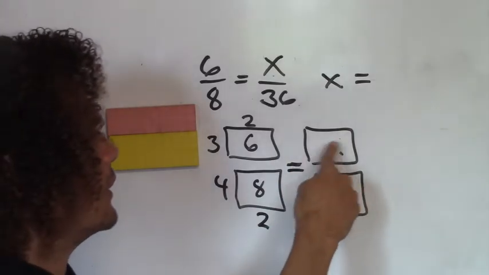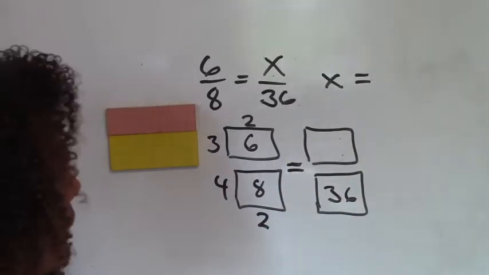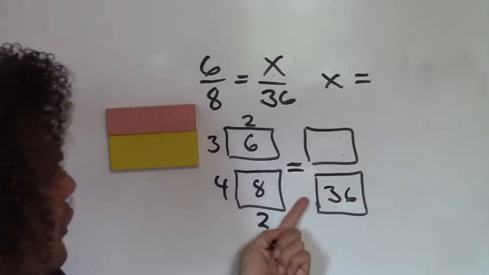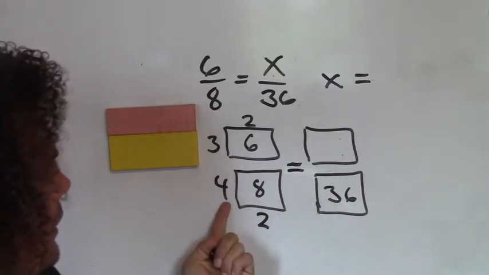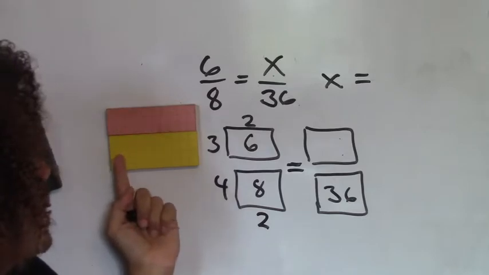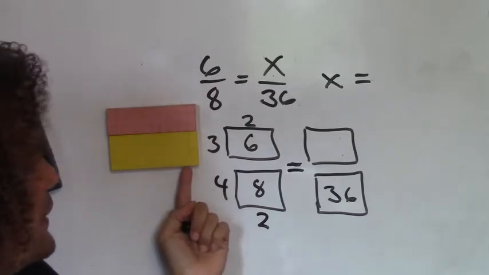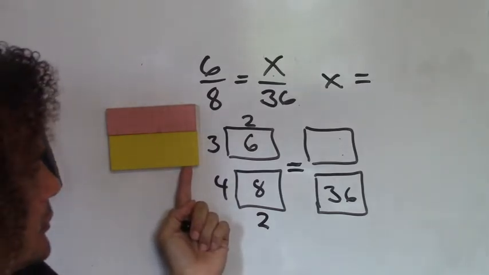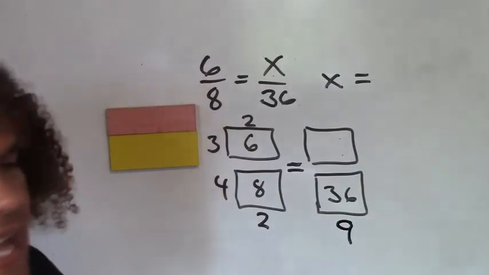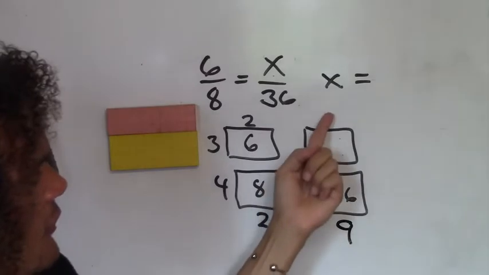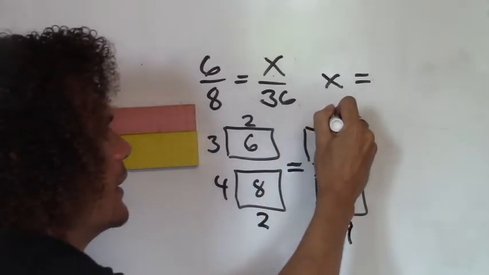Look over here. How far did I have to move it over to get to be 36? How far did I have to move this 4 over? I had to move it over by how much? 9 times. So remember when I asked you, can I move the bottom over without moving the top? I cannot, can I?